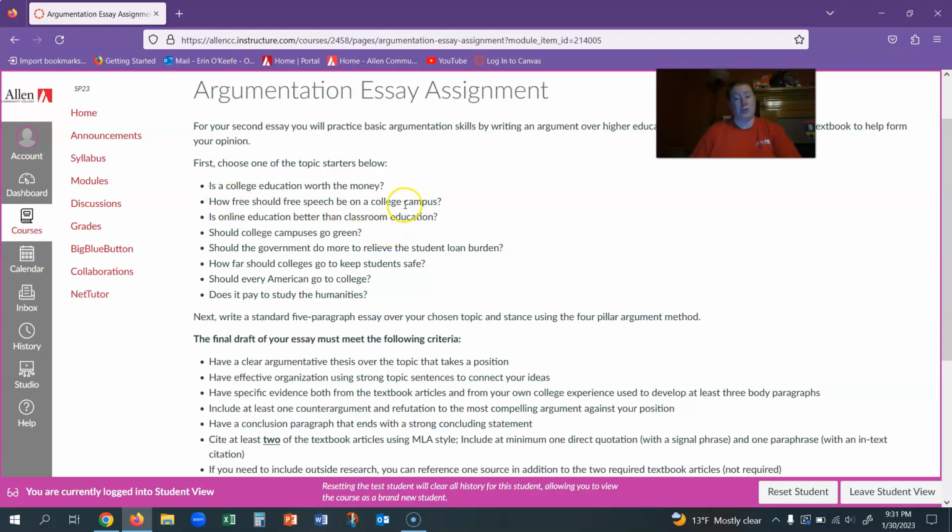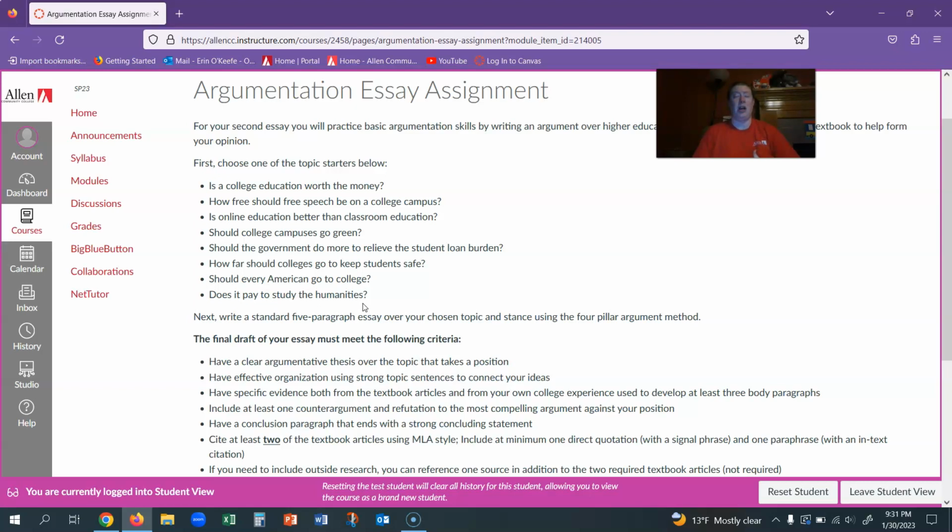There's a section on free speech. It's kind of interesting, and there's some information. There's online versus classroom education. If you're more interested in the going green kind of topic, they have some articles about that. There's safety at college. And if you're interested more in what students should study, there's a whole section on whether or not it's a good idea to study the humanities.